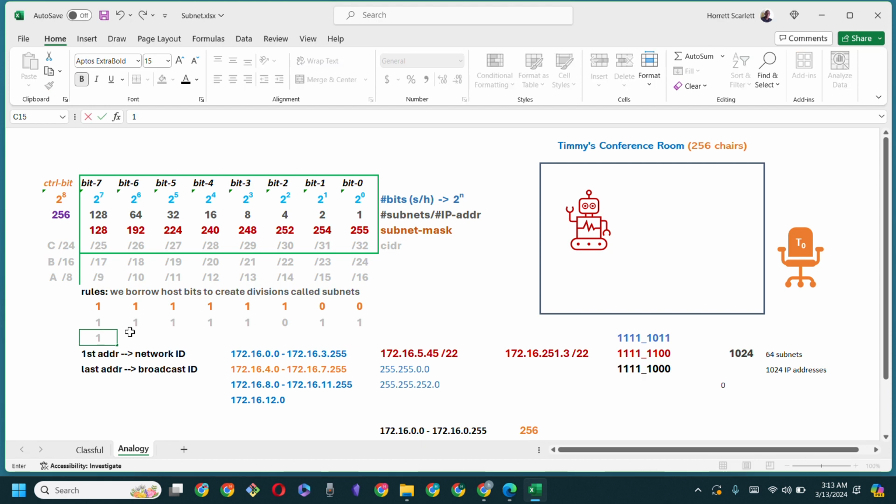So it's going to be 1 1 1 1 1. That's 5 bits, and then 3 zeros. And remember, we had done a little table that will allow us to quickly add up all of this. So we know that if we add up all of this, then it's going to be 248.